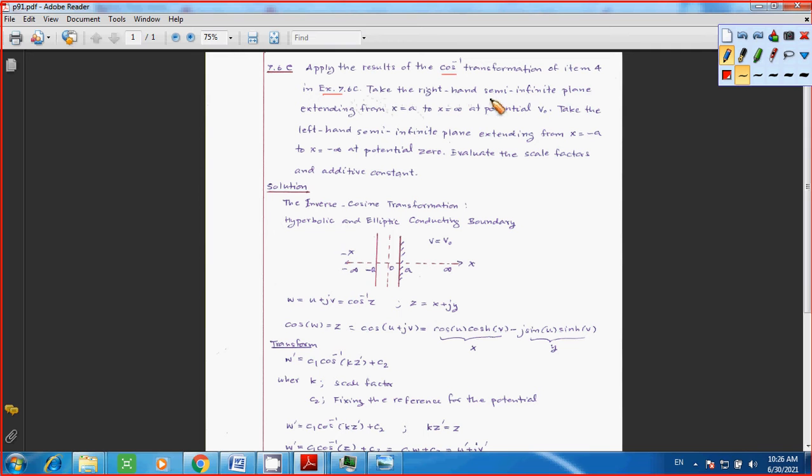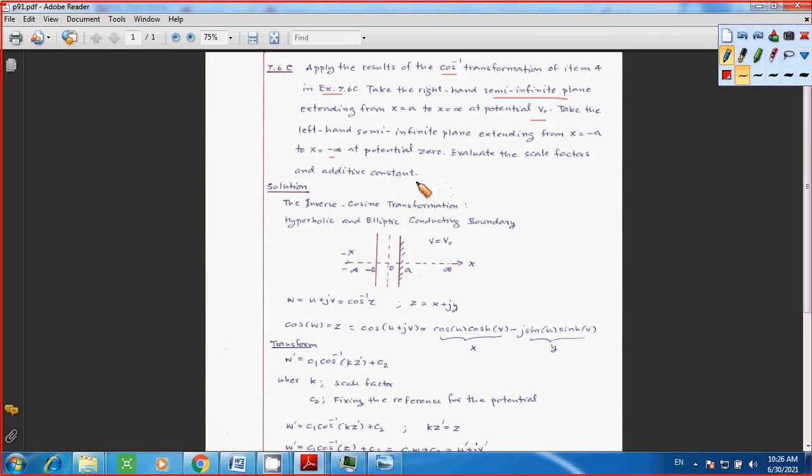Take the right hand semi-infinite plane extending from x equal to a to infinity at potential V0, and also take the left hand semi-infinite plane extending from negative a to negative infinity for x at potential 0. Then also evaluate the scale factors and additive constant.